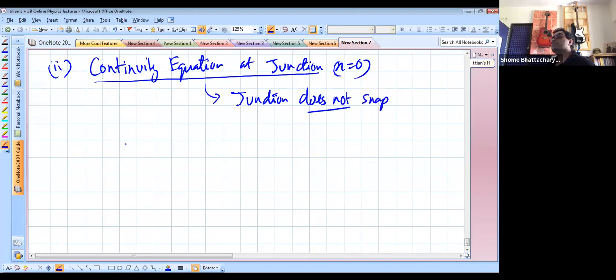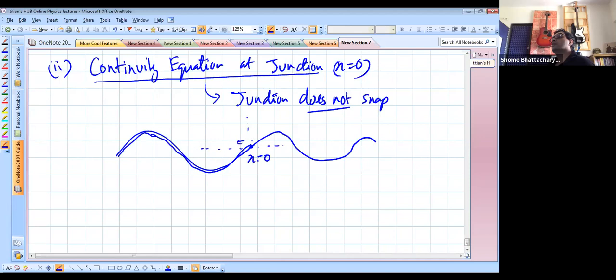That means at any point of time, at the junction, since it should not break, the left and the right hand side limits.